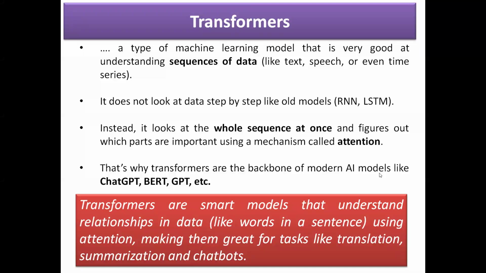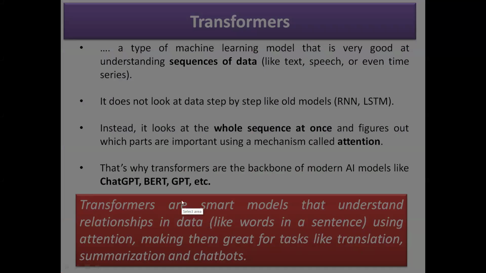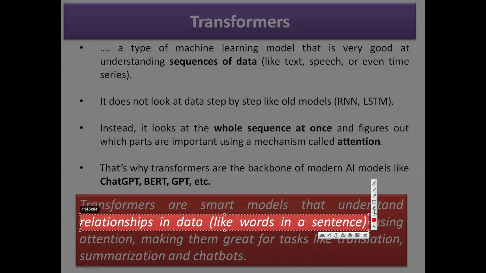In the case of ChatGPT, BERT, and GPT based implementations also, transformers are used. So the key idea behind transformers is smart models that understand the relationships in data, the relationships of data and words, in which way words are associated in a specific sentence.